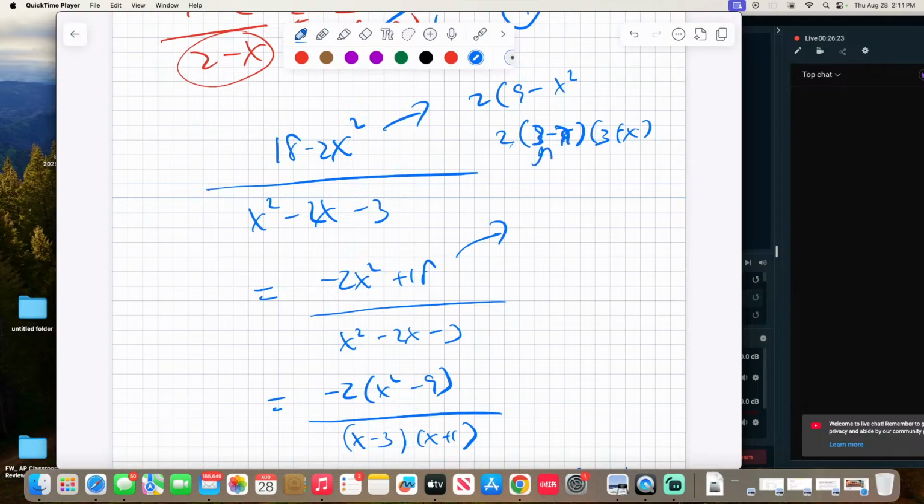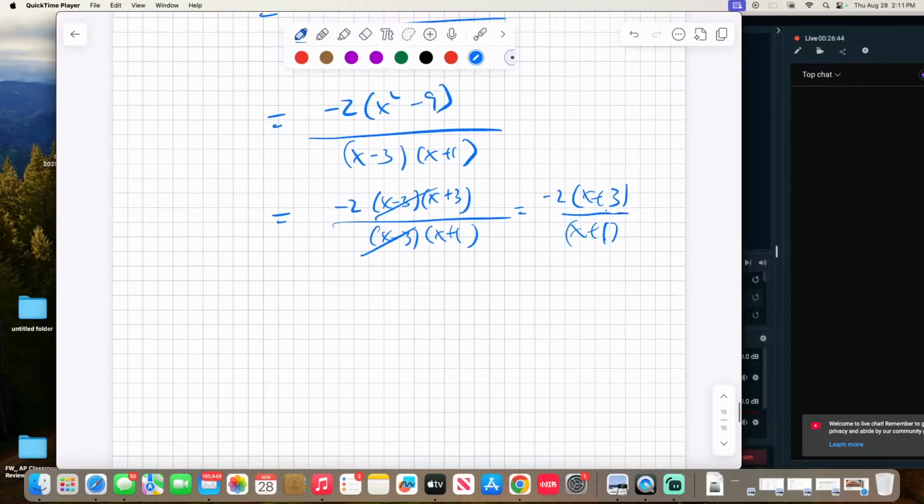I think that's kind of longer and more tedious. I like to keep the x in the front. I rewrite it, which actually makes my life easier. You can factor out a negative sign here, so that's going to be -2, and this is going to be x minus 3, 3 plus x. It's still going to be the same thing, but I feel like this way is a little bit longer, and I won't do it that way.